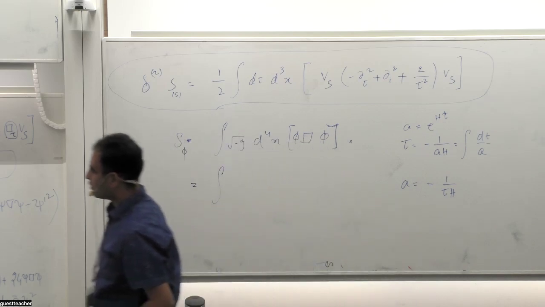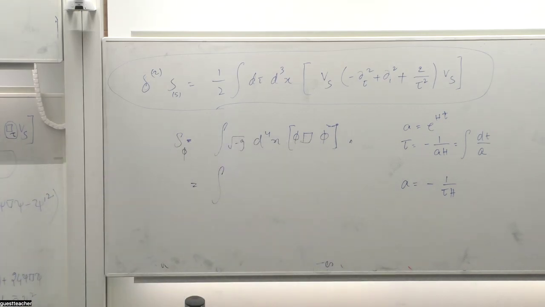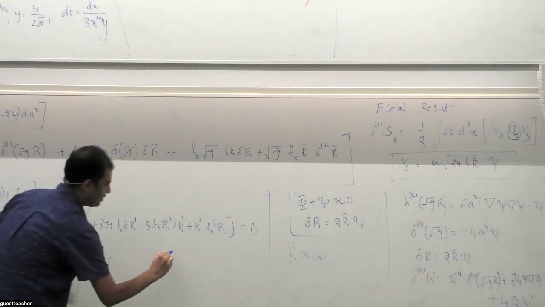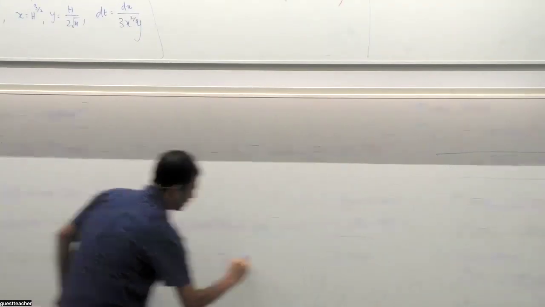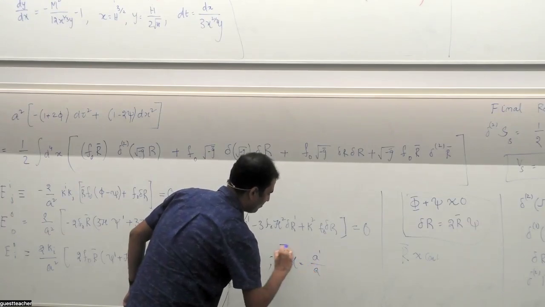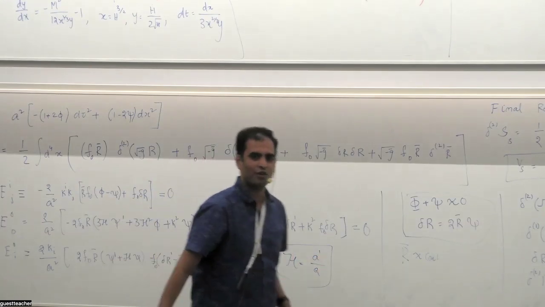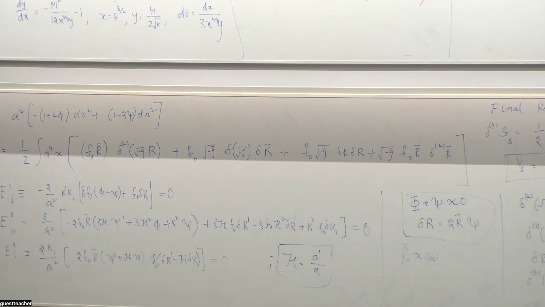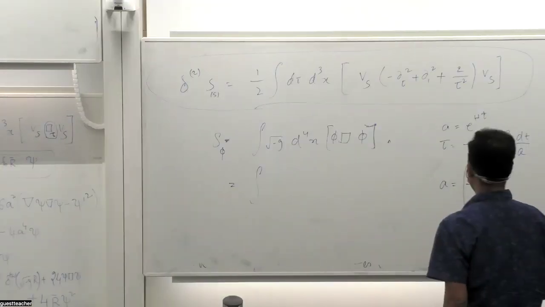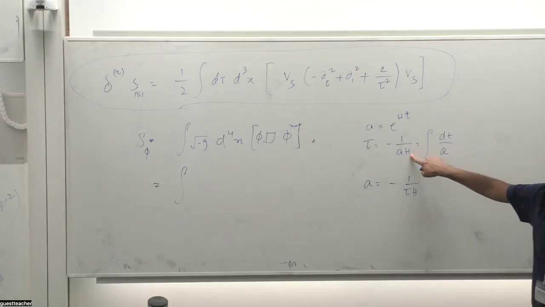By the way, none of you asked yesterday, but in some of the steps I was writing this curly H. Curly H is the Hubble parameter in conformal time. I hope it was clear to you, just in case you noticed. And here when I write H, it is the Hubble parameter.